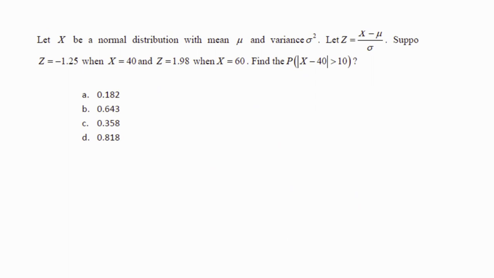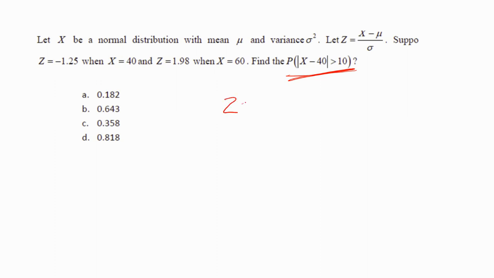So the next question we have here is, this is also after this point you can solve it on your own. I will just tell you how to do this.